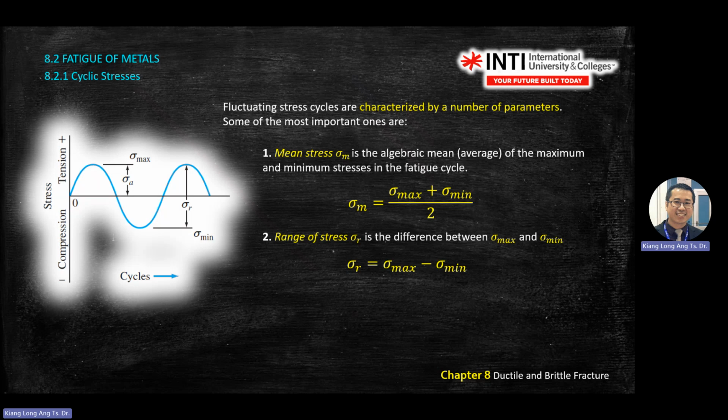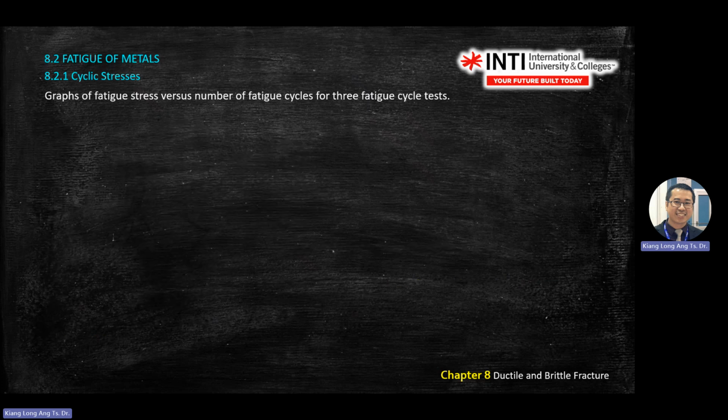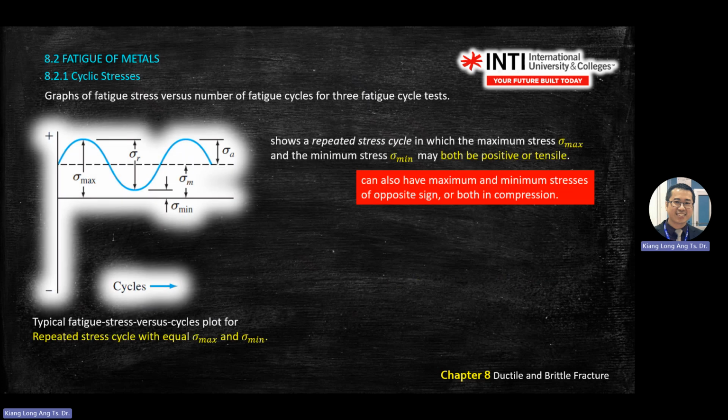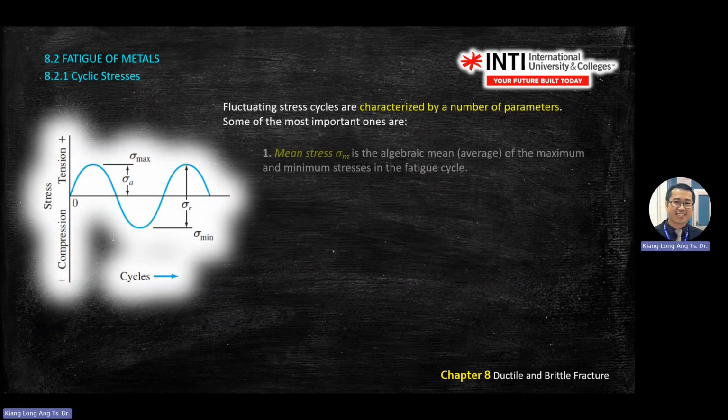It depends on the graph given. This one starts from 0, with tension and compression, and the same equation applies. This one is above the 0 line here. So nothing complex.